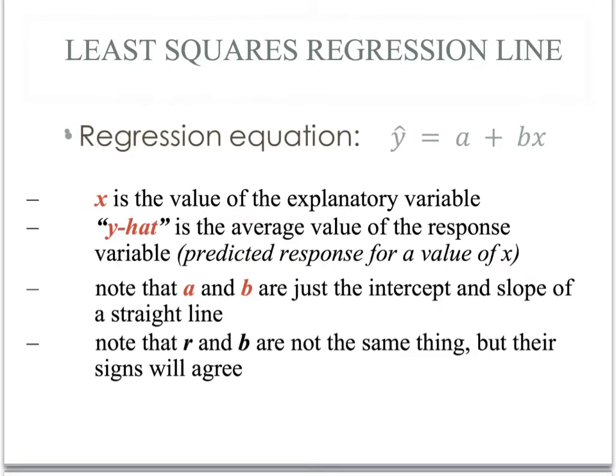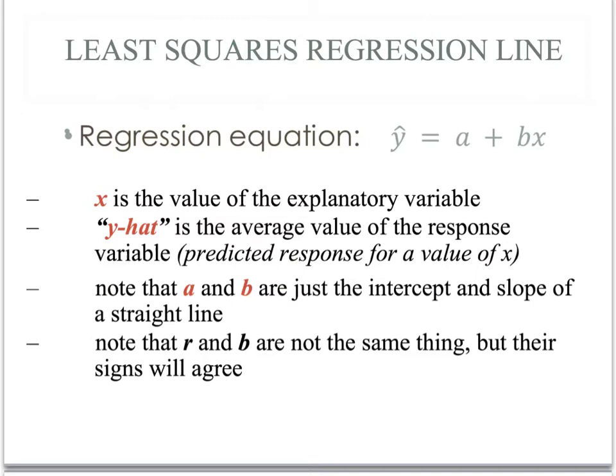Now the formula for a least squares regression line is given by this equation. Y hat, the y with a funny little caret on top of it, is called y hat. Y hat equals a plus bx. So you might remember from the graphing that you did in an algebra class that a in this equation would be where it crosses the y-axis, the y-intercept.